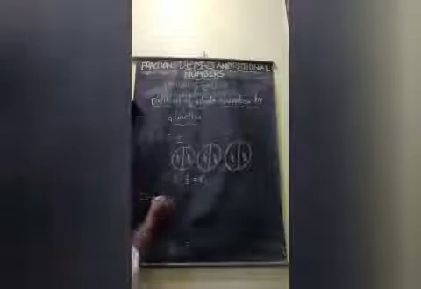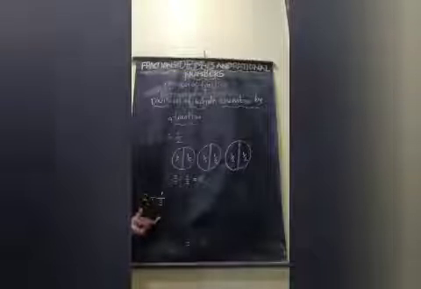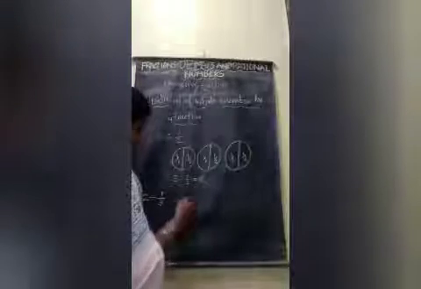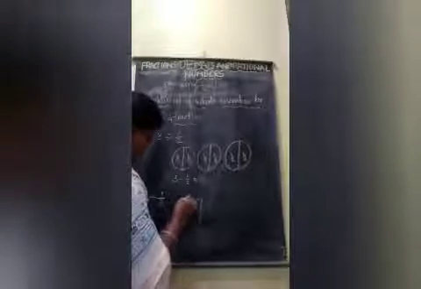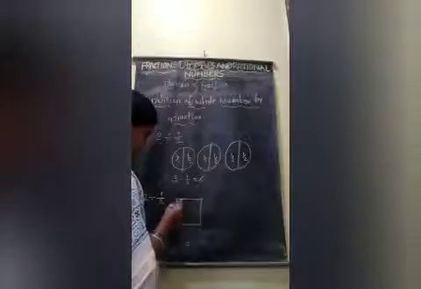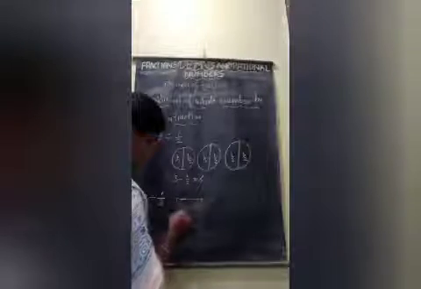Let us take another example. 2 divided by 1 by 3. That means how many 1/3s are there in 2? You take a circle or a square. This is divided into 3 parts.